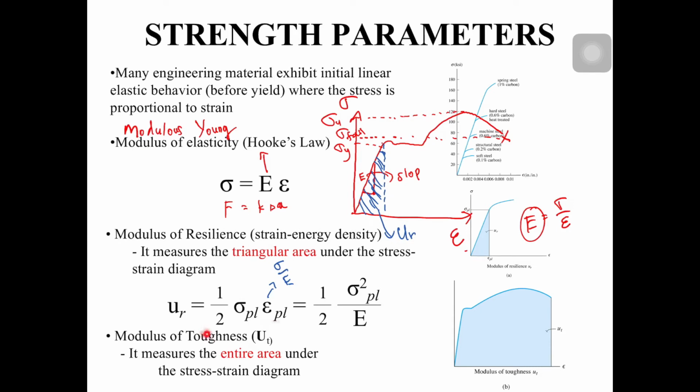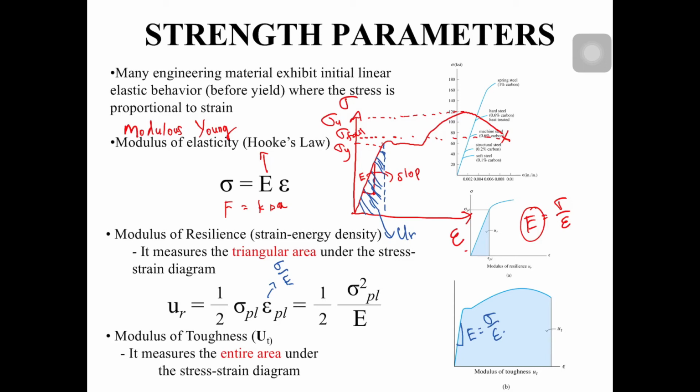And also you have modulus of toughness, UT, which measures the entire area under the stress strain diagram. So the entire area is UT, modulus of toughness. Okay, so between these three, the most important is this one, modulus Young, which is the slope for this one. E is equal to sigma over epsilon. Higher the value of E, that means the material is more elastic.